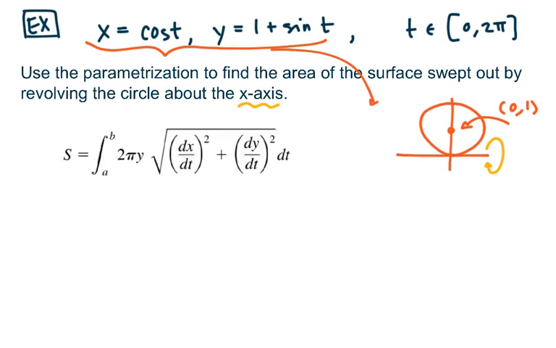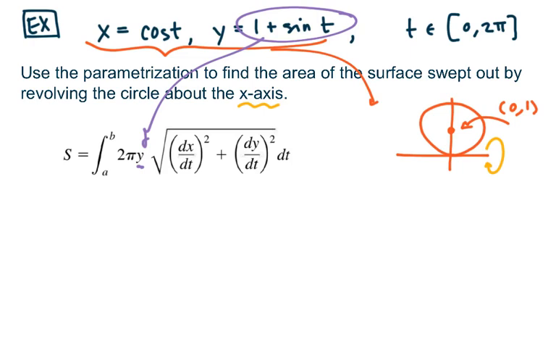Our surface area of revolution formula is given here: S, the surface area, equals the integral from a to b, that would be t equals 0 to t equals 2 pi, of 2 pi times my y, and then I need the derivative of x as well as the derivative of y, both with respect to t.